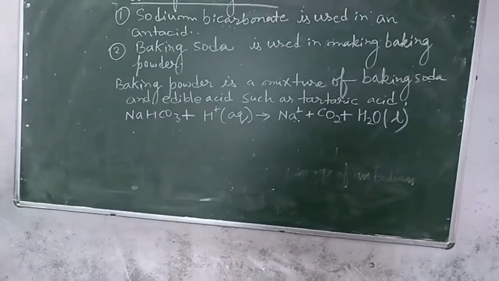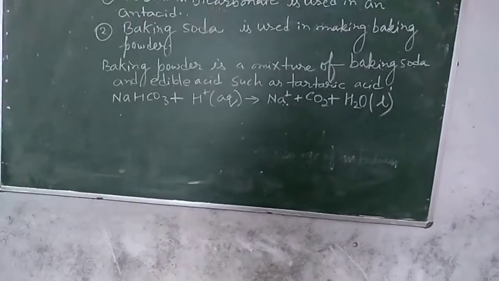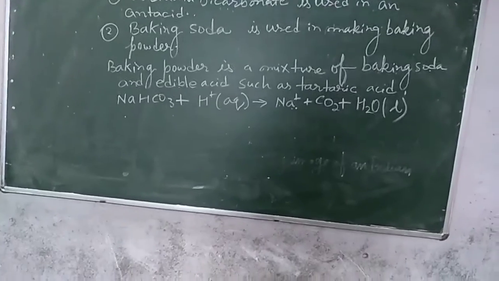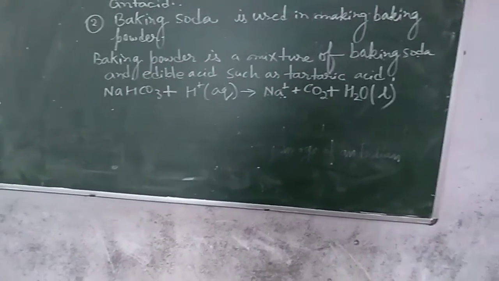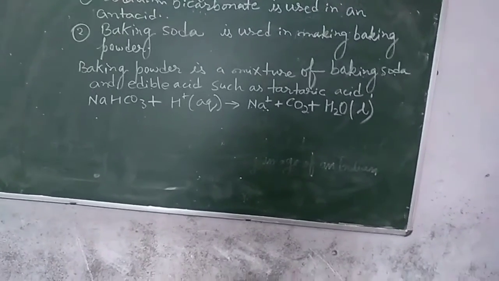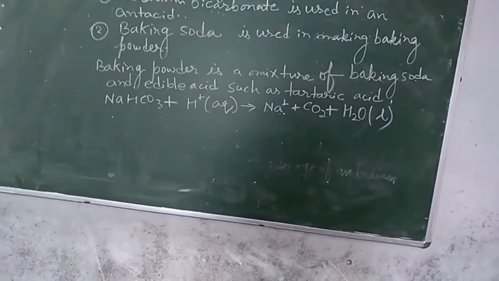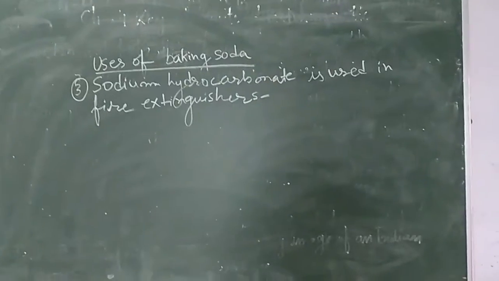If only sodium hydrogen carbonate, which is the baking soda, is used for making the cake, then the sodium carbonate produced by the action of heat will give a bitter taste to our cake. Therefore, we are not directly using the baking soda, we are using the baking powder.